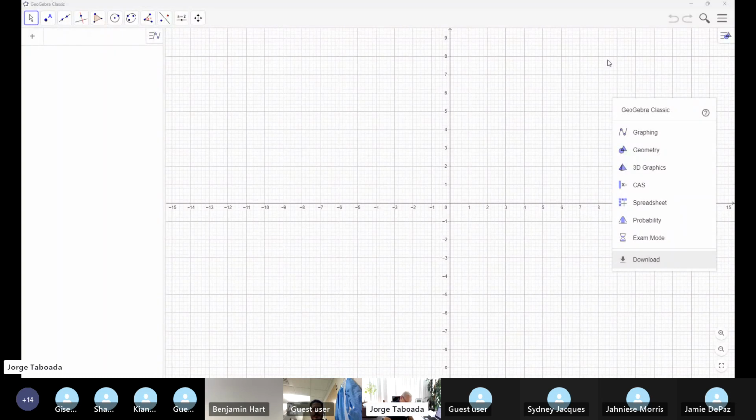It includes both geometry and algebra. Okay, do you see it or no? Answer me, yes or no, in the chat. Okay. Giselle, yes. Normally by default, when you open GeoGebra, you see two windows.